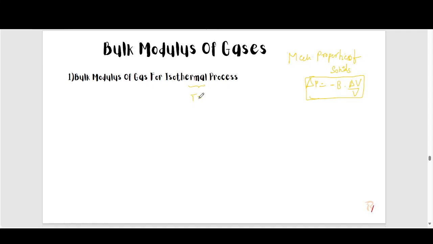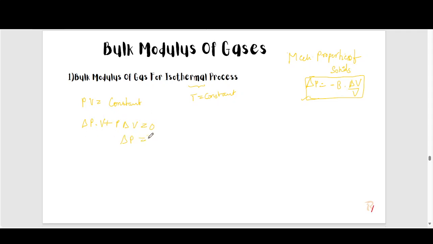We know that temperature is constant. Therefore PV is constant, and differentiating, del P into V plus P del V equals 0.